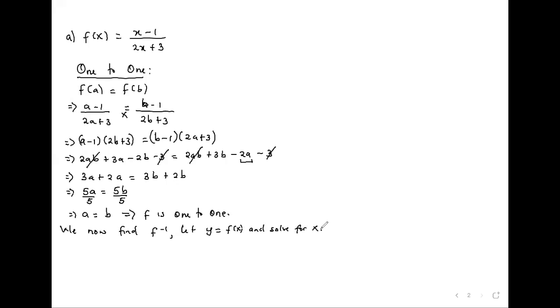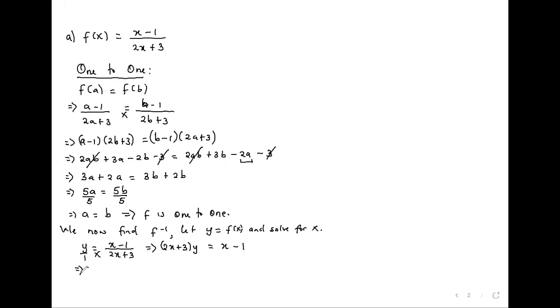So say y is equal to x minus 1 over 2x plus 3. I can put over 1 here so that when I cross multiply, it makes sense to everyone. So this is giving us 2x plus 3 multiplied by y is equal to x minus 1.